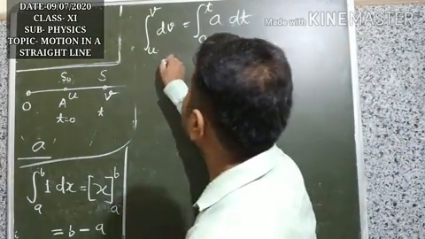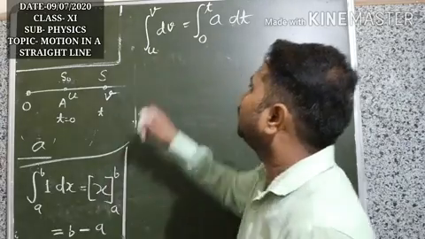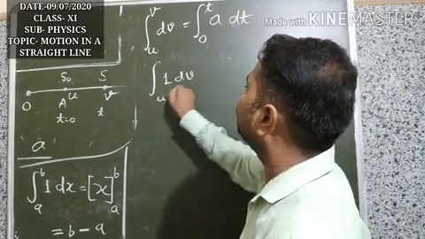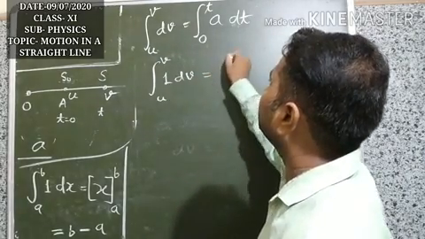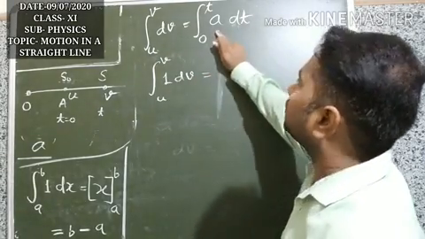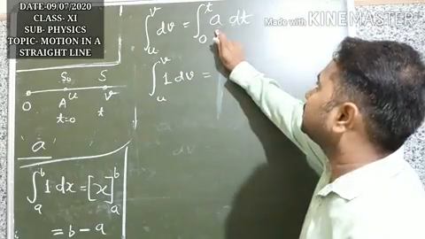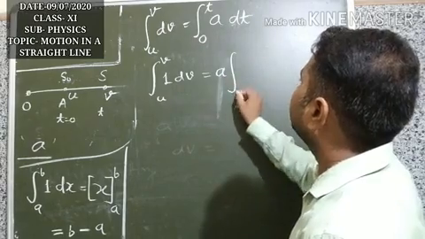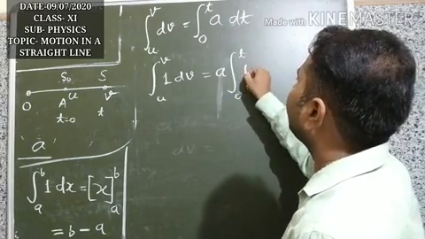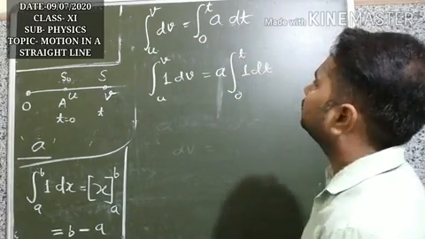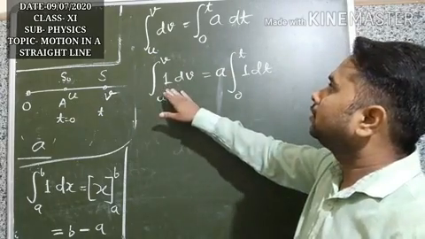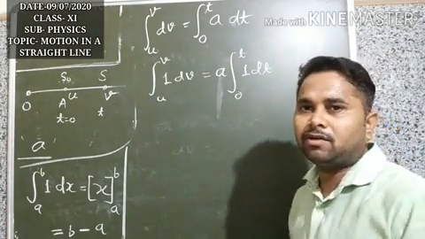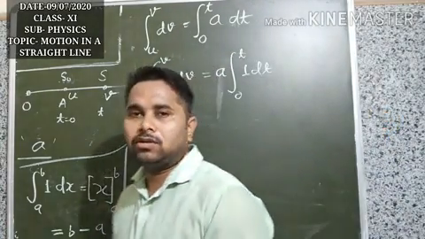See, this is dv, or you can write here 1 dv from u to v is equal to, see here, a is the constant, so you can put it outside, a from 0 to t, or you can write here 1 dt. Anywhere you can put 1 in the product form, because by multiplying by 1 the number will not change.